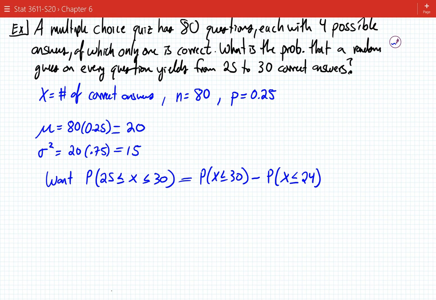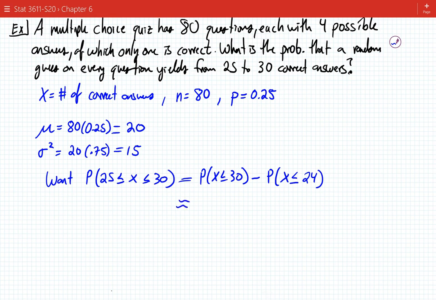And be careful on that split, because this does affect your continuity correction. If you put 25 here, then we're subtracting 25 from the possible answer choices, and we don't want to do that. We should allow 25 to be included, and so we're going to go less than or equal to 24.